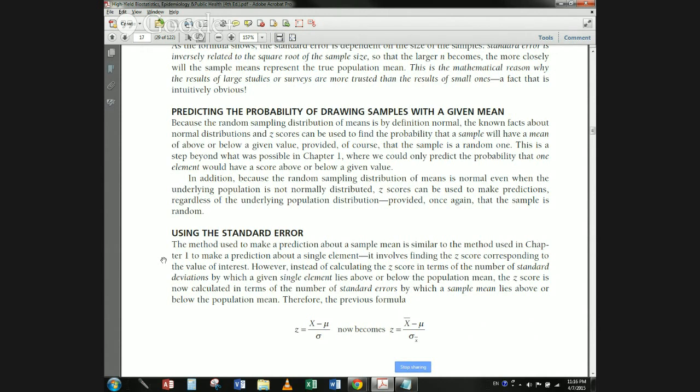Therefore, the previous formula of the z-score equaling the mean minus mu over standard deviation now becomes z-score is equal to the mean minus mu over standard error.